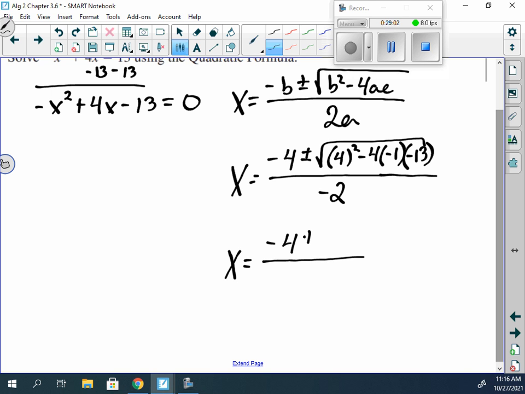Now we need to do some simplifying. Which is exactly why we don't want to plug it in with the square root. We want to plug in 4 squared minus 4 times negative 1 times negative 13 first. And if we plug that in, I believe we should get negative 7. Because 4 squared is 16. Actually, it might be something bigger.